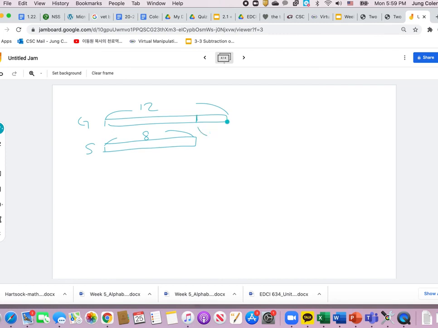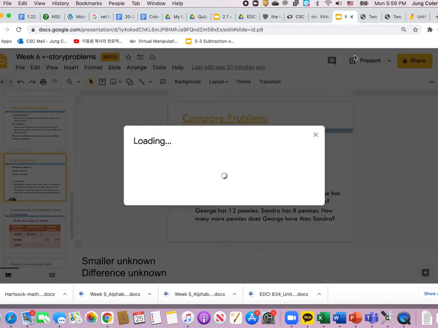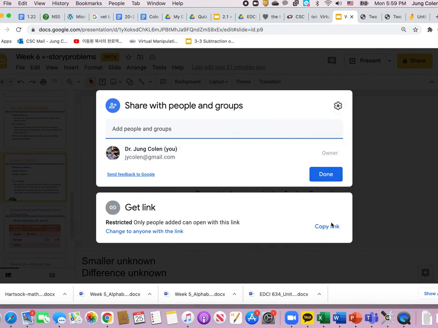So we are looking for this amount. How many more pennies does George have than Sandra? So what is unknown? The difference is unknown. So in this case, you are given the larger number and smaller number, and you need to find the difference. Okay? All right.